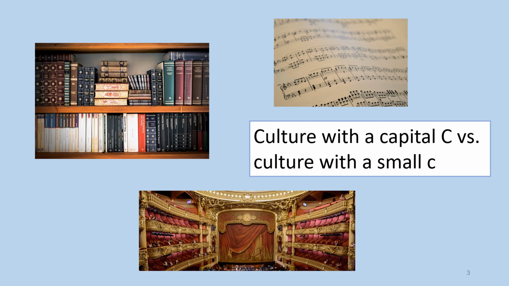In a way, the upper and lower part of the iceberg are also reflected in a well-known distinction that was made by Raymond Williams: culture with a capital C versus culture with a small c. Culture with a capital C refers to that part of culture which is most visible, for example art, literature and music or national holidays and festivals.